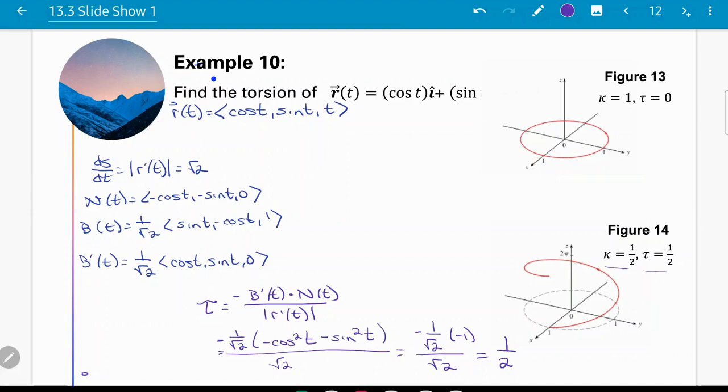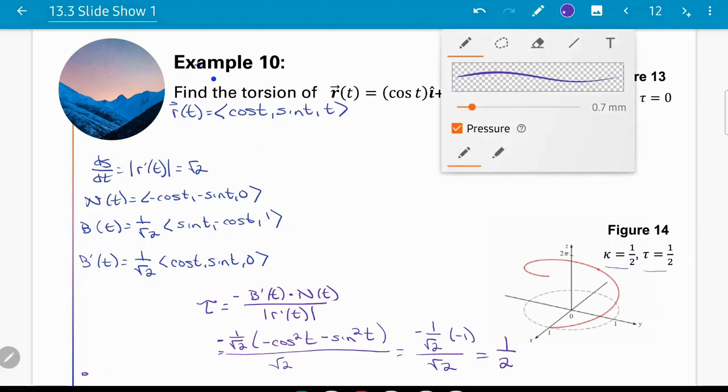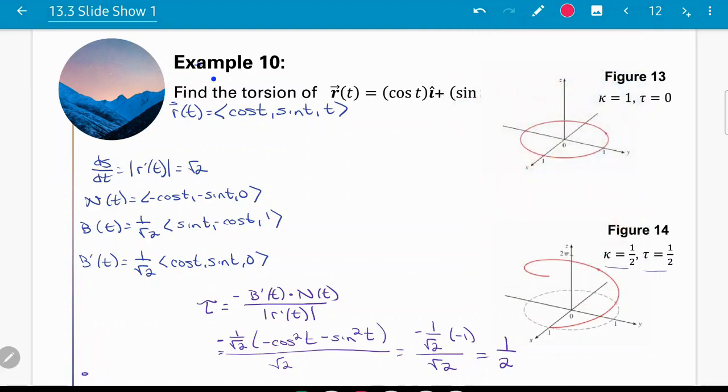So it can be shown that under certain conditions, the shape of a space curve is completely determined by the values of curvature and torsion at each point on the curve. And then we have one last formula that we can use for torsion.